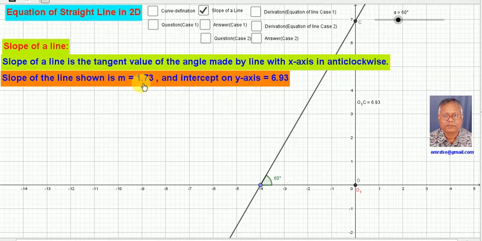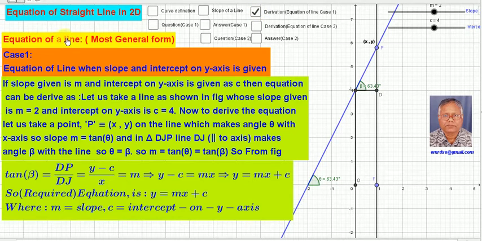Now, the derivation of the line in standard form. Let us find that out. The most general form of the equation of a line is y = mx + c. The equation of a line with slope and y-intercept given is taken as y = mx + c. How it is obtained, that I will now discuss.